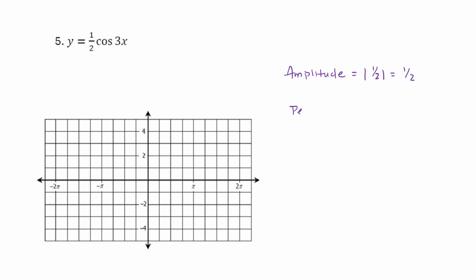The period equals 2 pi divided by the absolute value of b, which is 3. So the period is 2 pi over 3. So that means one complete cycle of the cosine graph is happening within 2 pi over 3.